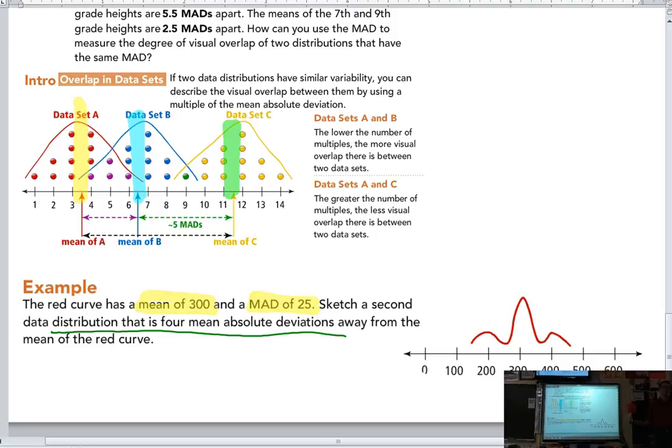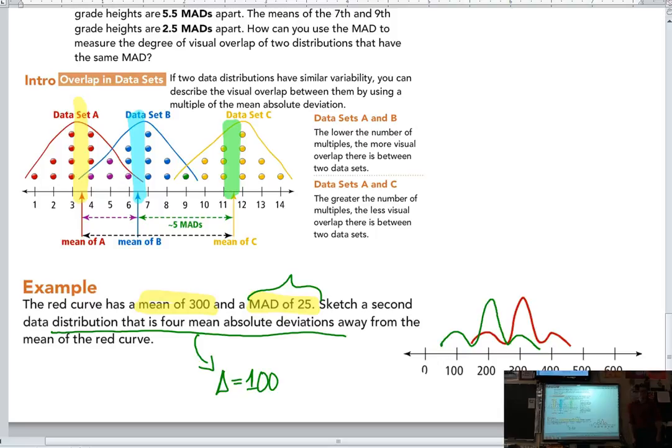It tells me what 1 MAD is: 25. So 4 mean absolute deviations is going to be a change of 100. So I get to cheat. I'm going to draw the exact same data, just draw dots, then I can move mine.